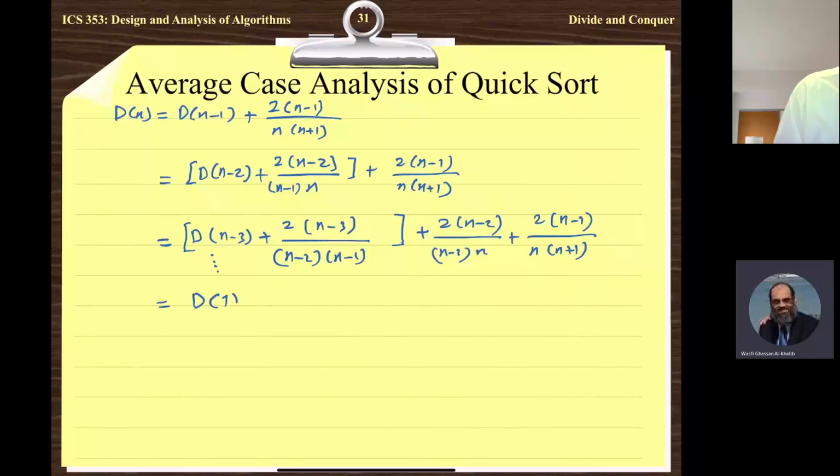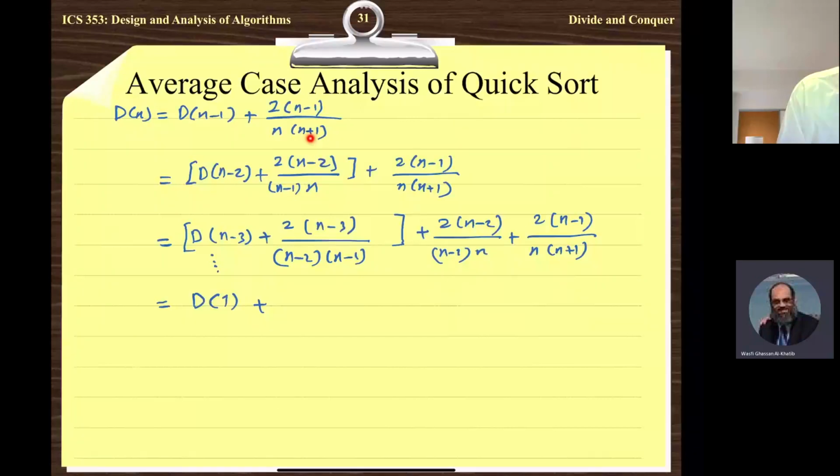Because we know that D(1) is equal to 0, right? So if I have D(1) here, what am I going to have here? Think about it.